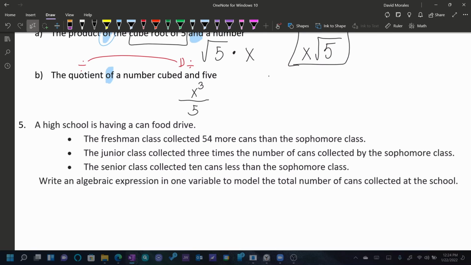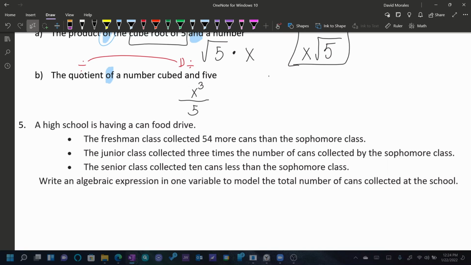Okay, number 5. A high school is having a canned food drive. The freshman class collected 54 more cans than the sophomore class.